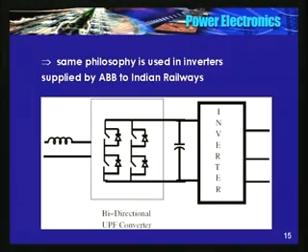In fact, the same philosophy is used in the inverters supplied by ABB to Indian Railways. The AC drive that is used in Shatabdis and some of the Rajdhani trains, they use this philosophy.